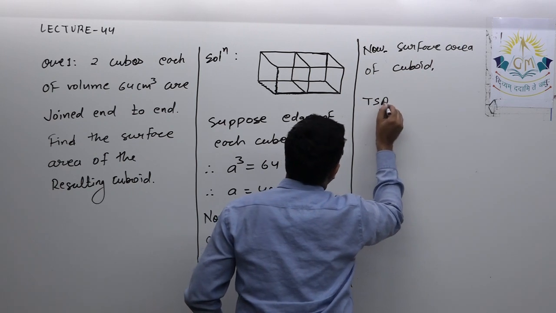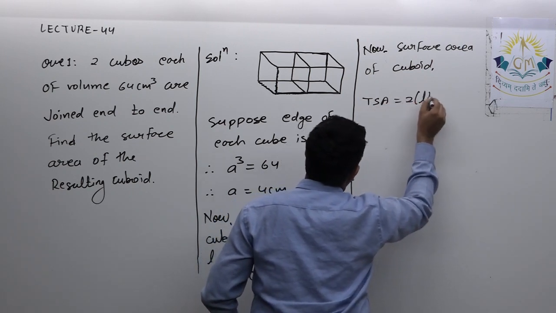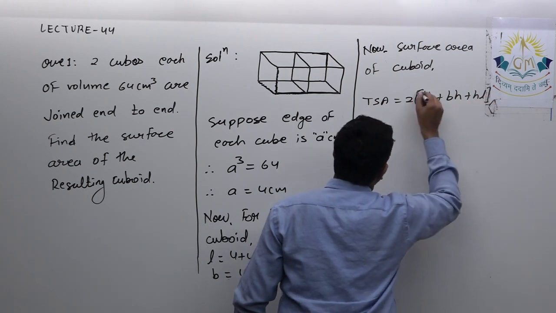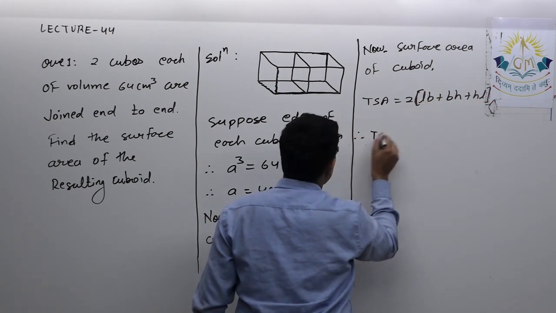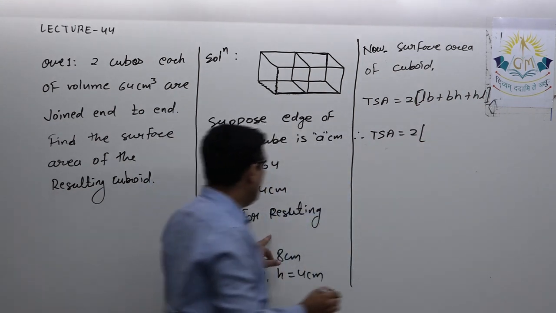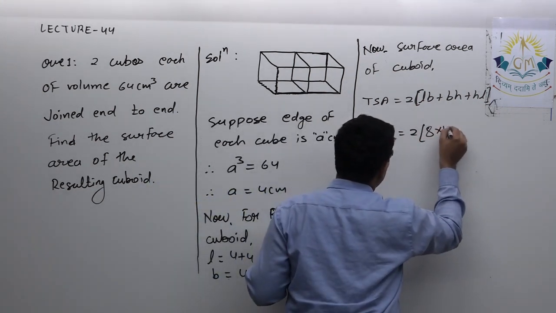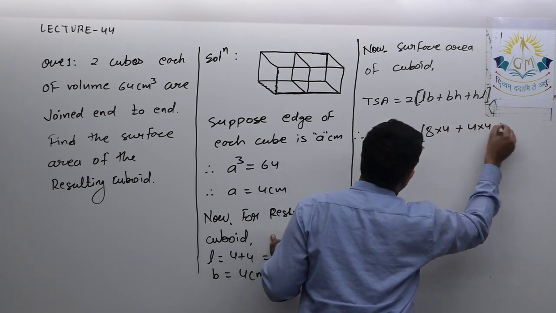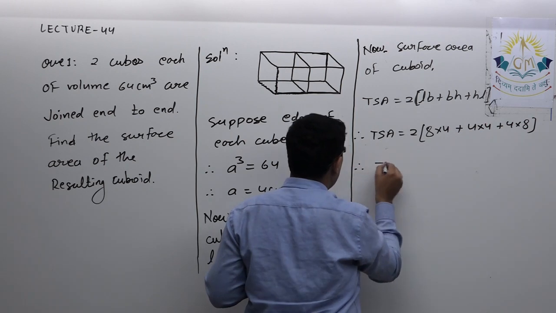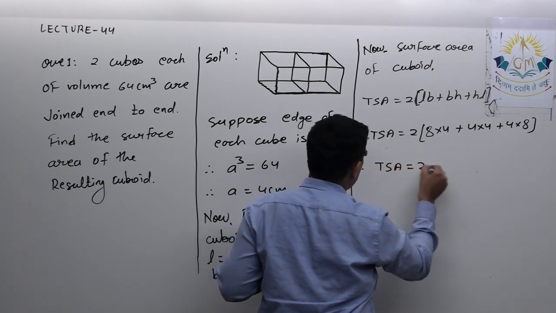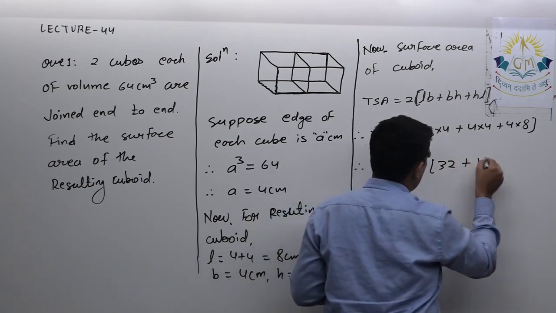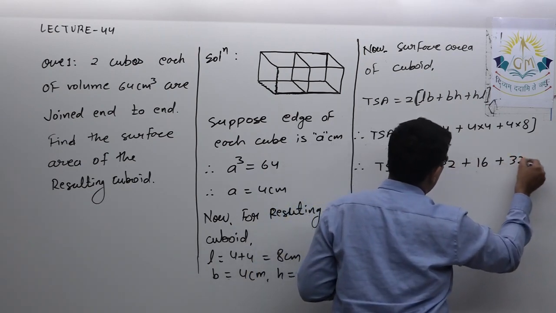So we'll write TSA is equal to 2 times (LB plus BH plus HL). Now we just have to put in the values of L, B, H. L is 8, B is 4. Therefore TSA is equal to 2 times, here it will be 32, here it will be 16, here it will be 32.